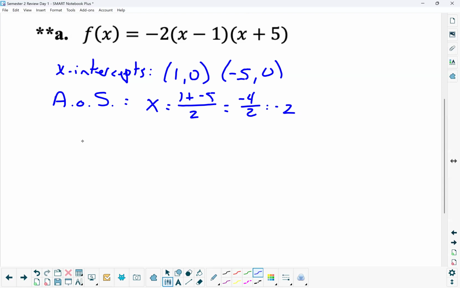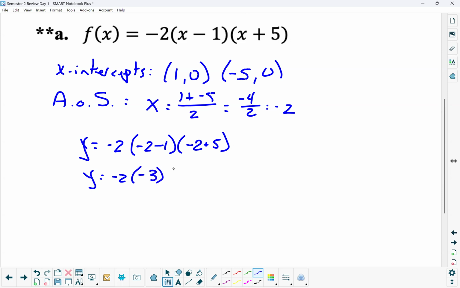Now I can find the y coordinate for my vertex by plugging in negative 2 for x. I do have that negative 2 out in front. I then get negative 2 minus 1 and negative 2 plus 5. Negative 2 minus 1 is negative 3. Negative 2 plus 5 is positive 3.